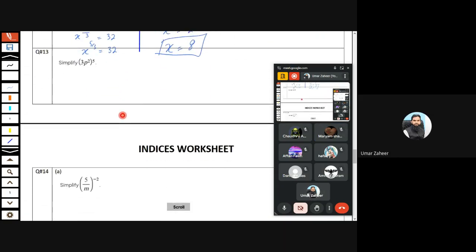Now question number 13. There is a power, so apply the power on each term.